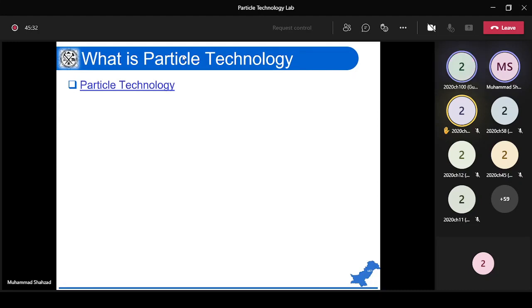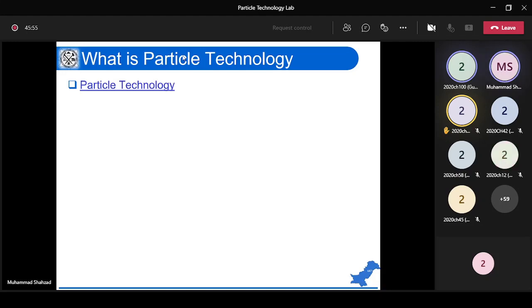All right, go ahead, 100. Please speak. It is related to the handling and processing of the particles. Very right. Particle technology is also related to the handling and processing of the particles, right?